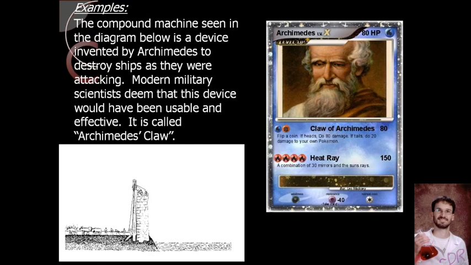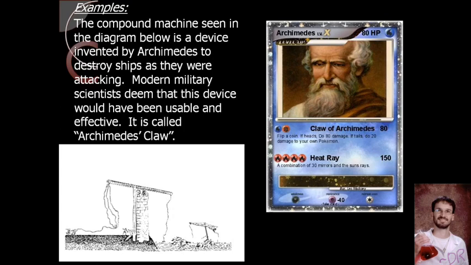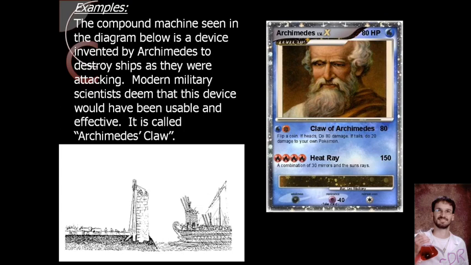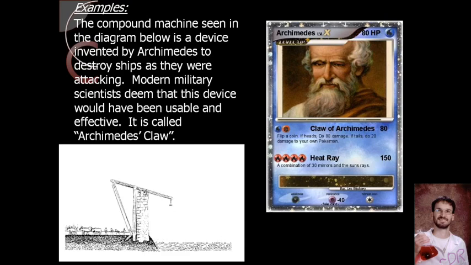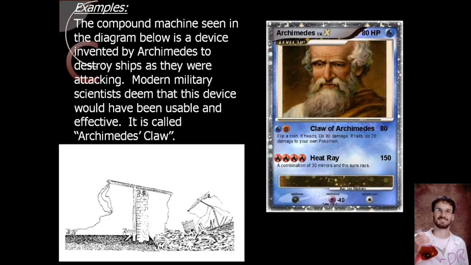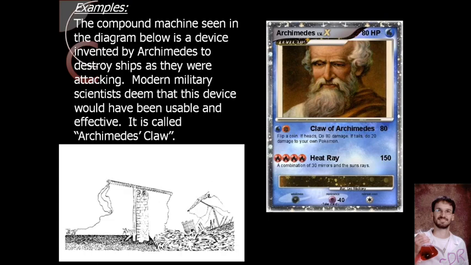So Archimedes devised this series of pulleys and levers, and these things were positioned all around the fortresses of the city to literally lift the boats up out of the air and then let them fall back into the water. And when they fell back in the water, they would just get swamped. The water would come up over the outsides, fill it up, and just sink it to the bottom. They wouldn't have to shoot it or blow them up. All they had to do was lift them up out of the air and take them for a ride and let them drop.